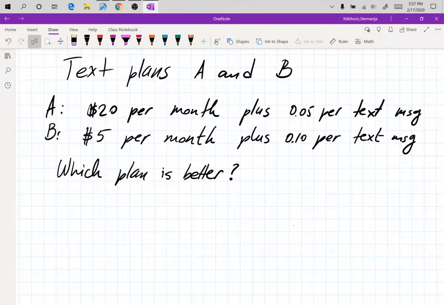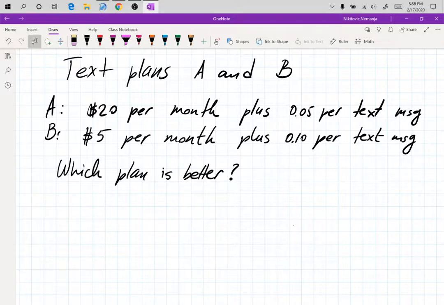So, can you tell me what my bill is if I send one text in a whole month? $5.10 for B is better because the other one is $20, right? So the other one is almost 4 times worse if you're going to send one text a month, right?